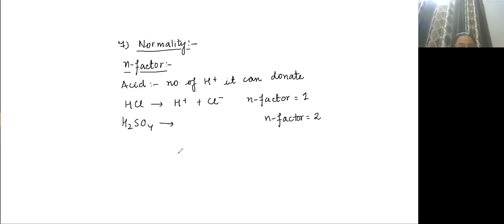H will be plus and sulfur will be 2 minus, so it will be H plus SO4 2 minus. And how many hydrogens are there? Hydrogens are 2, so it will be 2H plus. So as you can see, it will give 2H plus, so N factor is 2. Or in H2SO4, 2 hydrogen is present, so N factor is 2. Is this reaction clear, how H2SO4 is written as 2H plus SO4 2 minus?